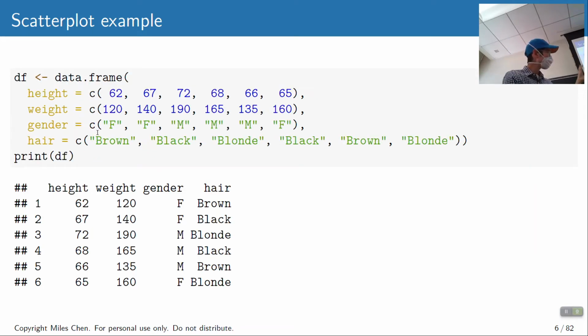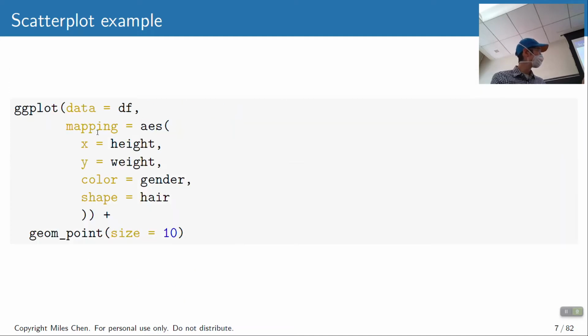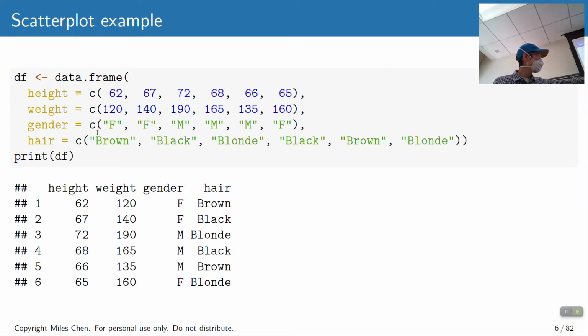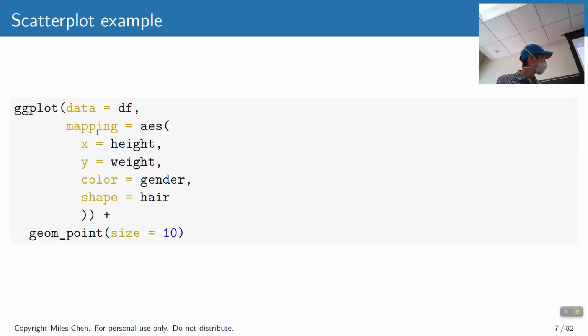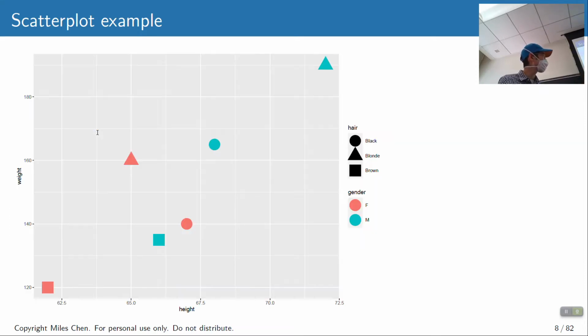Take the gender, which currently in our data set we have F and M, put it in the color space. We're going to represent gender using color. Take the hair color, which we currently have brown, black, and blonde hair represented in our data, and map that to the shape. Okay, and we're going to plot this.